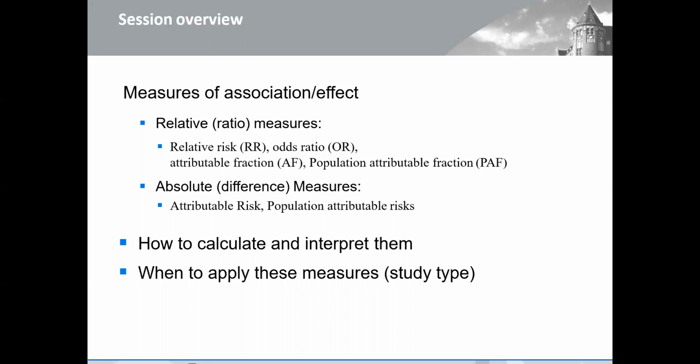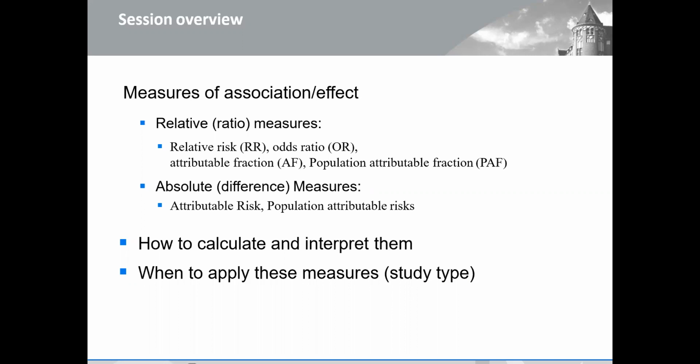The risk ratio, the relative risk, is the RR, the odds ratio is the OR, attributable risk is AF, and population attributable fraction is the PAF. Then we're also going to discuss absolute difference measures, which are the attributable risk and population attributable risk.